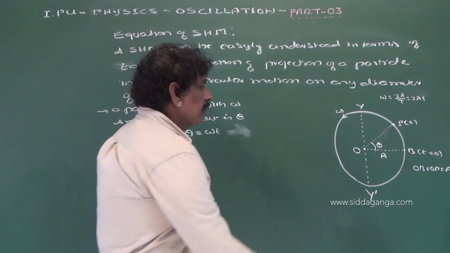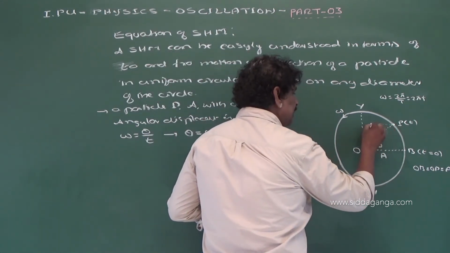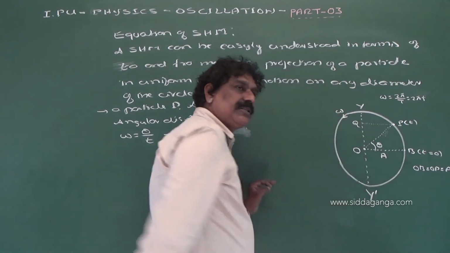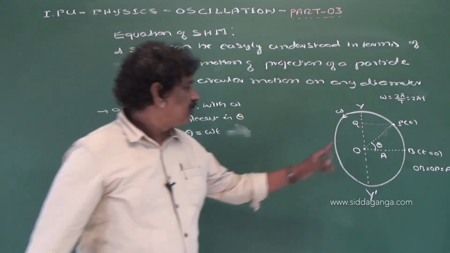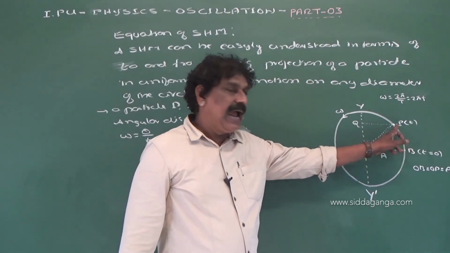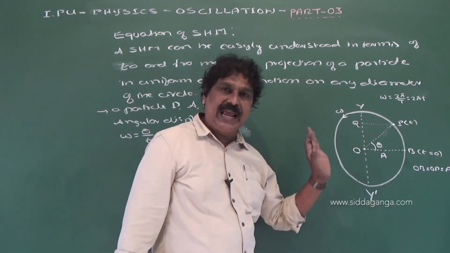Now, if we draw the projection of the particle at P, that is QP. So QP is the projection of the particle at P on the diameter YOY', right.